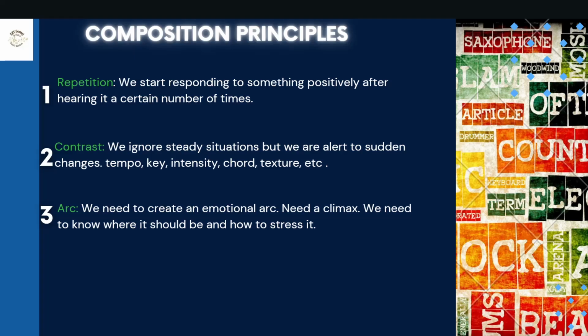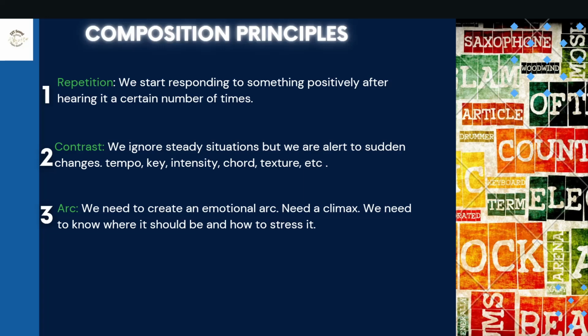So emotional arc means that we cannot go steady on creating emotions exactly the same way along the whole composition. We need to create those little pieces. We cannot go all out at the beginning because we would be burning up the great things that we could potentially offer in that composition.